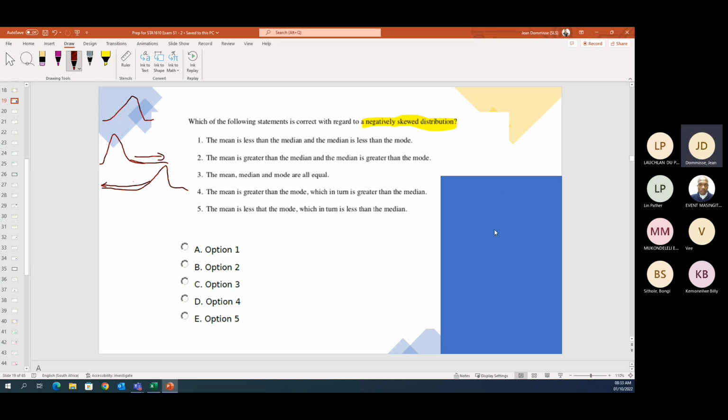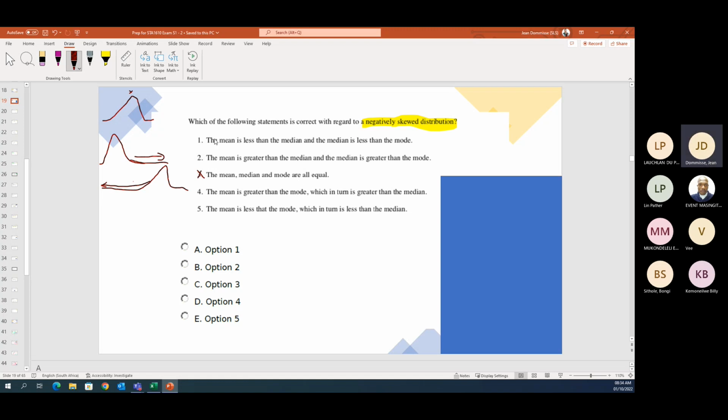Behind this block I've put some nice clues for you that you don't need to remember. The first thing I remember from a normal distribution is that mean, median, and mode are exactly the same. So option 3 is not correct, because that tells me I'm looking at the normal bell-shaped distribution, which it's not.